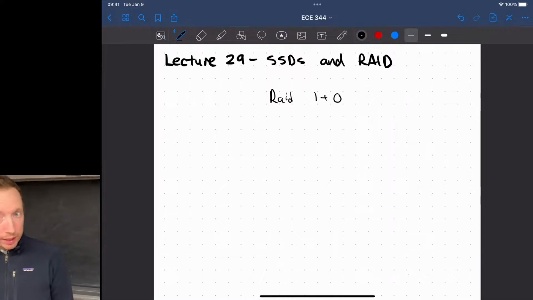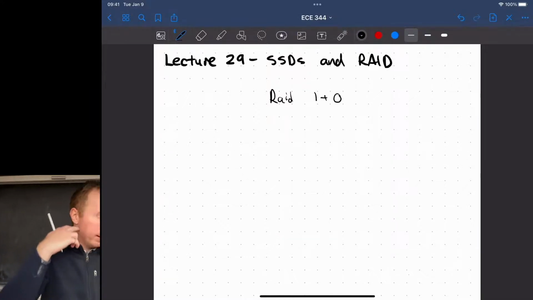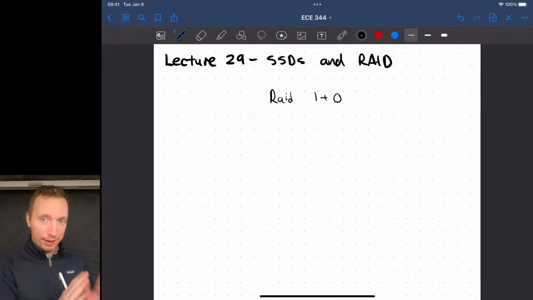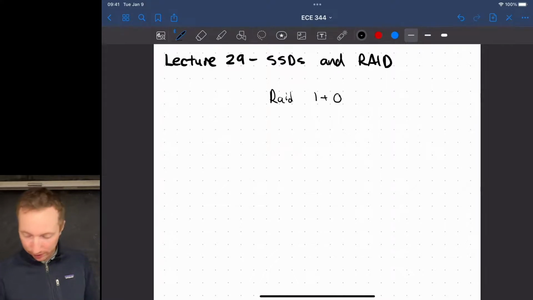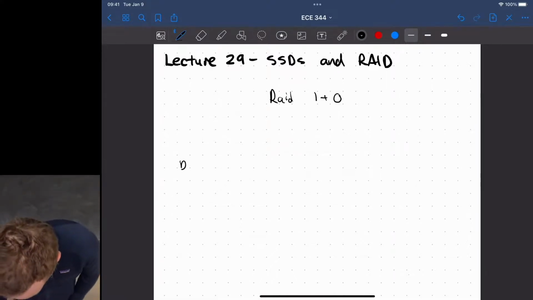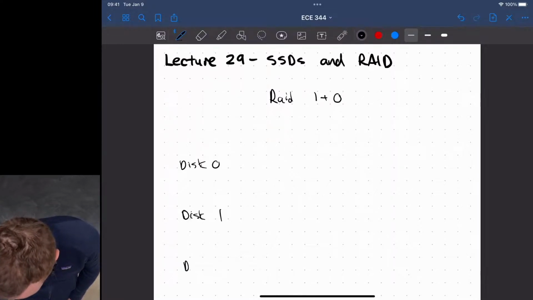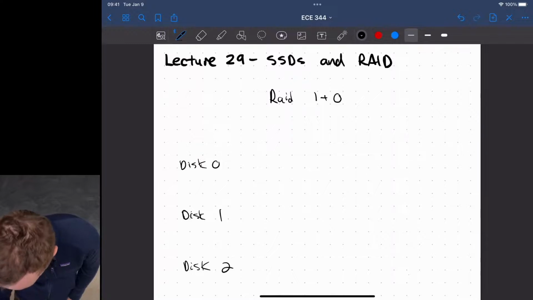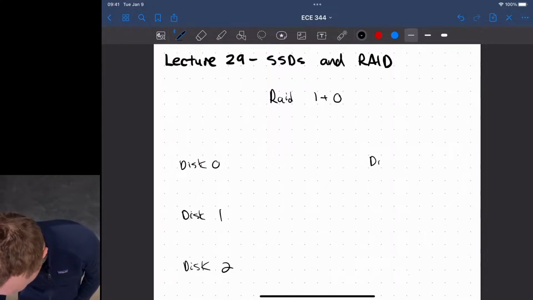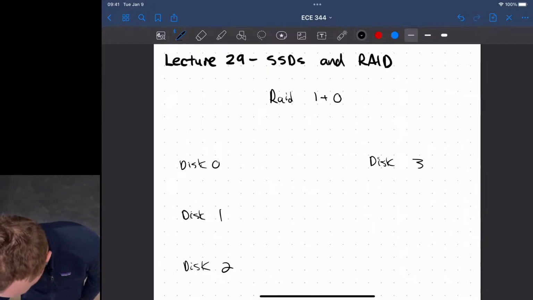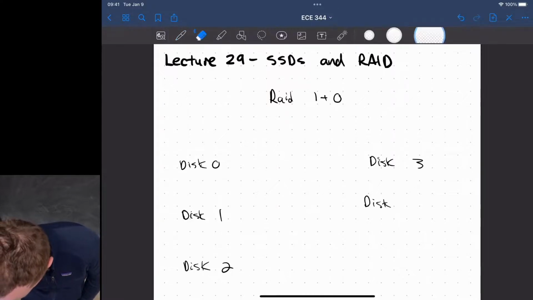The idea behind that is that it stripes, but it has 2 copies of everything. So say we have disk 0, disk 1, disk 2. I'm going to use 6 disks to illustrate this, disk 3, and so on.